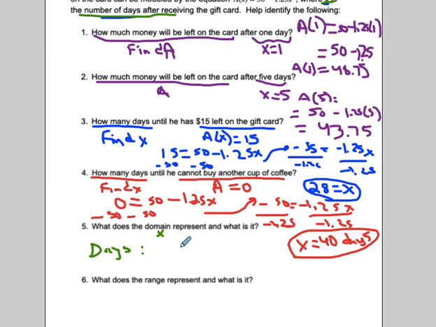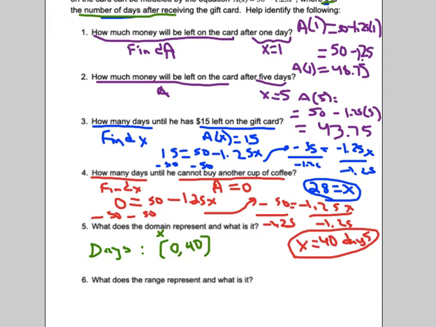How many days could pass? You can't have negative days pass. You could have 0 days pass, and then I suppose 40 days would be your limit, because after 40 days you have no money left. Theoretically, you could say 41, 42 days, but you'd have no money left on the card, and that's not meaningful. So our domain in this case is anywhere between 0 and 40 days.